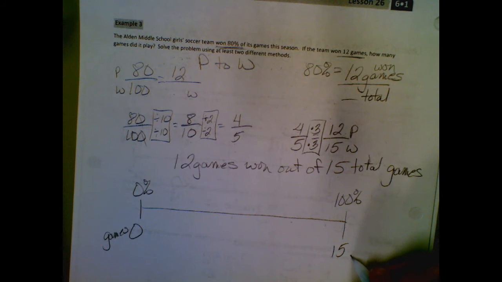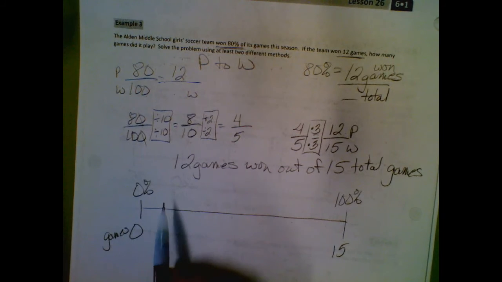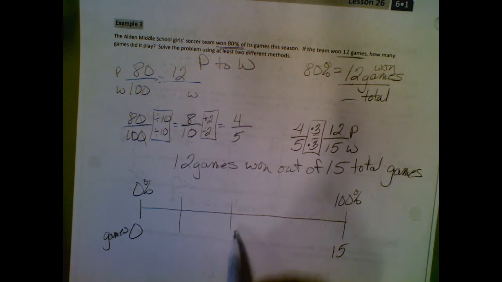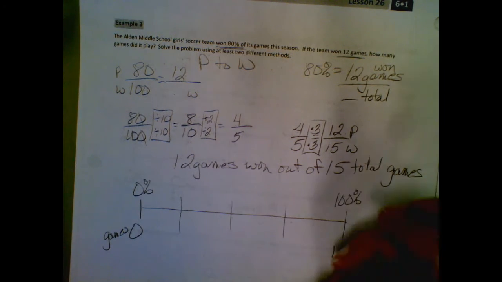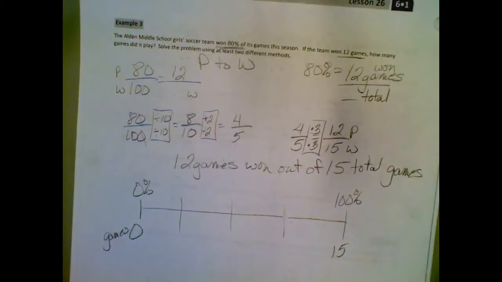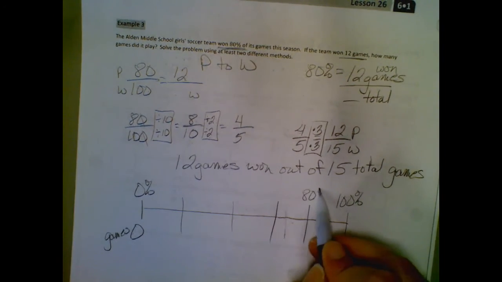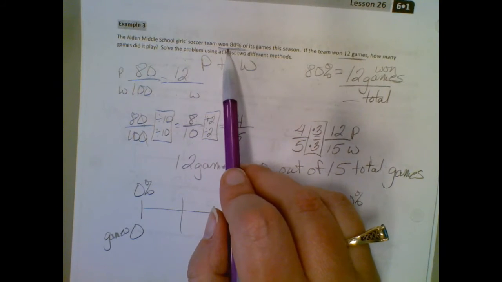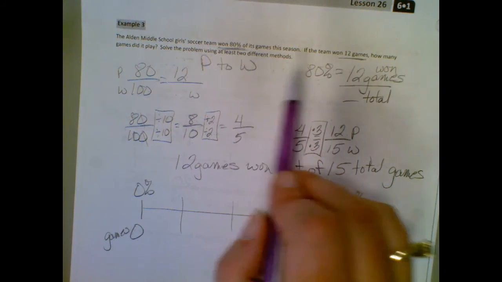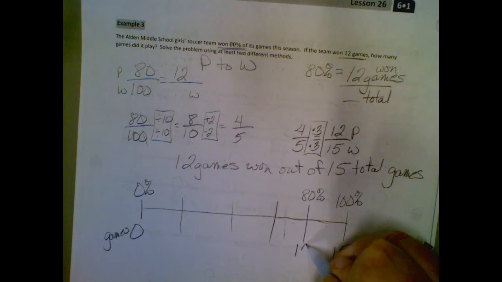Okay, so 80% is 12 games. So let's see, 20, 40, 60, up a little too much. 60 and 80. So if this is 80%, they told us, this was in the book or in the paper, 80% of games, 12. So this we absolutely know.